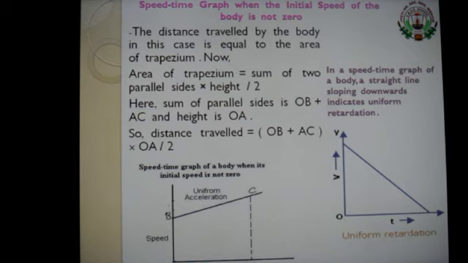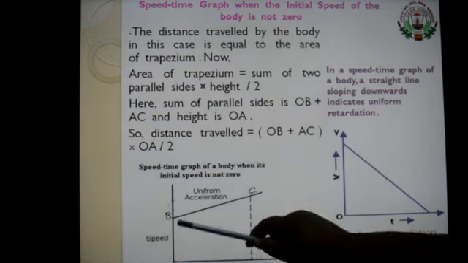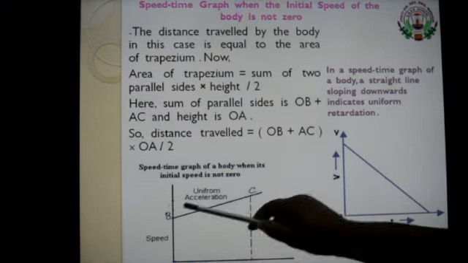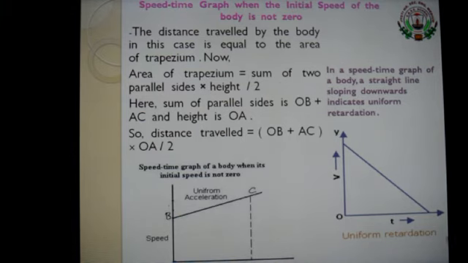Thus, the distance travelled by the body in this case is equal to the area of the trapezium OBCA. You know that the area of a trapezium is equal to half of the sum of two parallel sides into height.